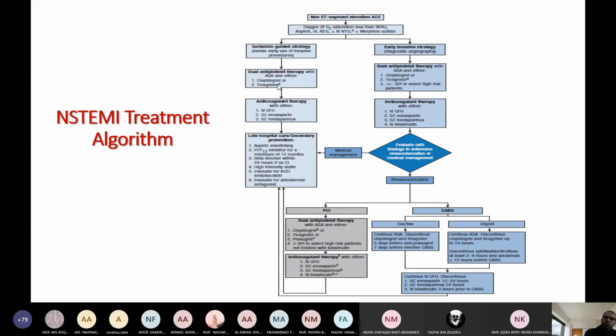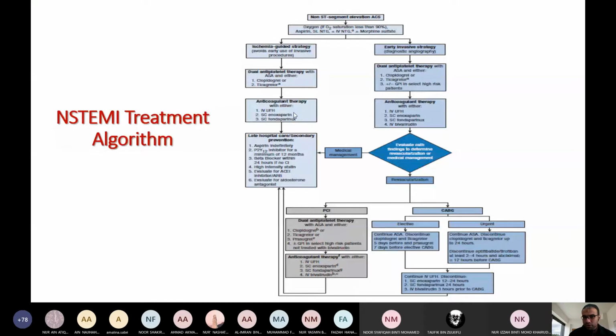For the anticoagulant, you can see here unfractionated heparin, enoxaparin, fondaparinux. Besides all these we have bivalirudin, one of the relatively new anticoagulants that has to be offered only in the invasive procedure, not the ischemic guided. That's why it is not here.